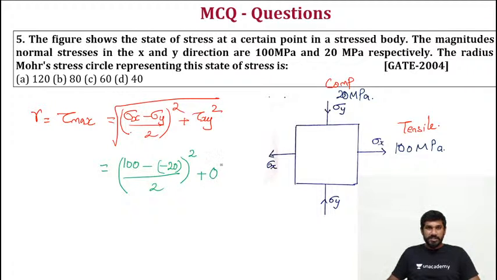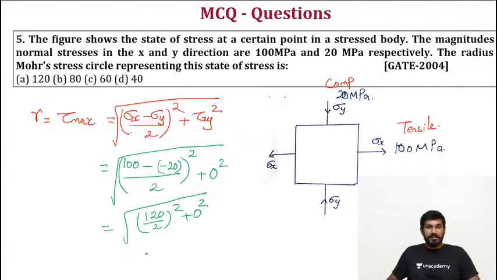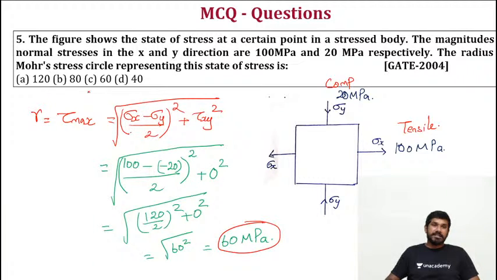That is the square root of (100 minus of minus 20, so 120 divided by 2) whole square plus 0 square, that is equal to 60 megapascal. So the final answer is 60 megapascal. That means C is the right answer for this question.